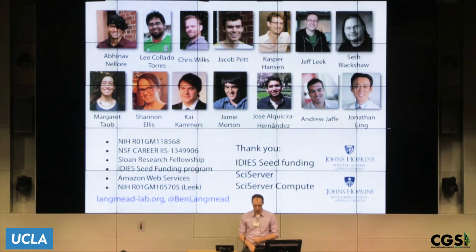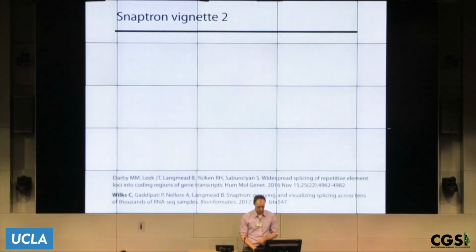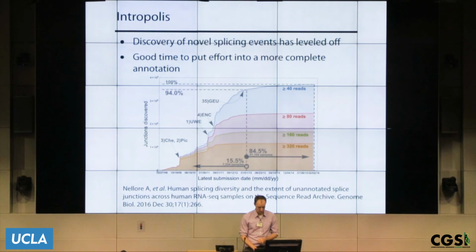And there's another result, which I'm not sure if I kept it in my deck, but yeah, here you go. It basically shows that if you look at our compendium and ask, what was the advent of each splice junction? In other words, what was the deposition date of the very first data set that included that splice junction? And then look at that cumulatively over time.